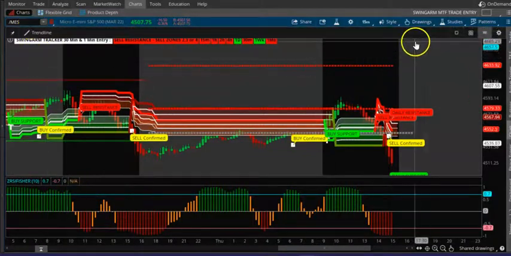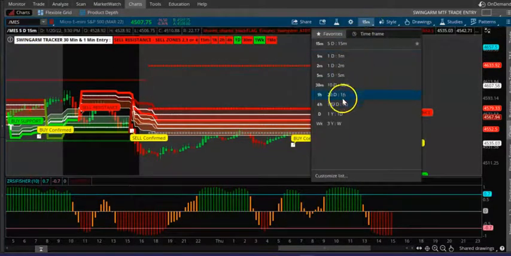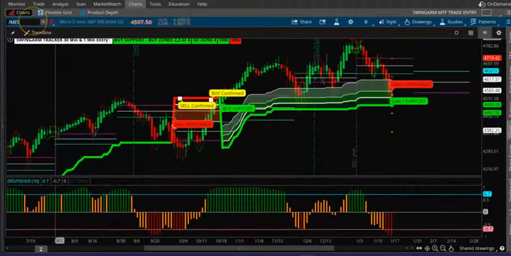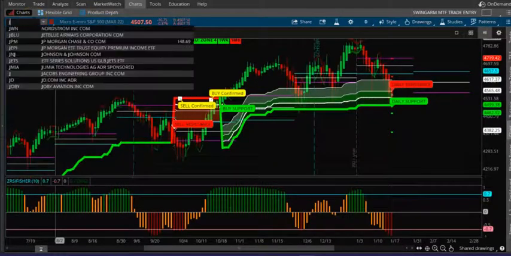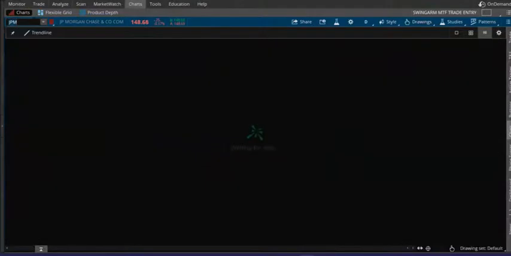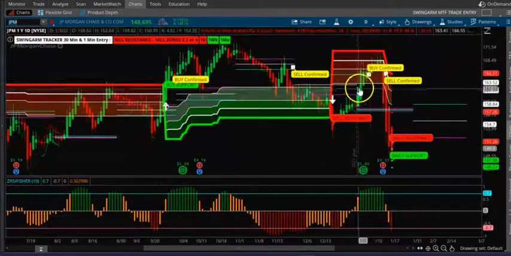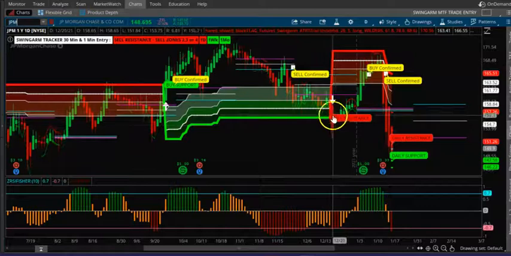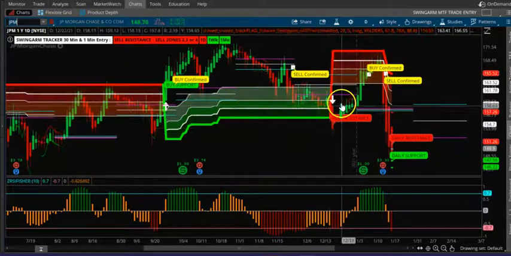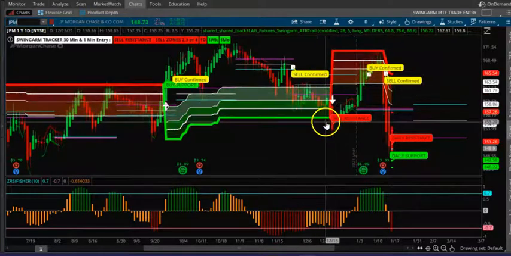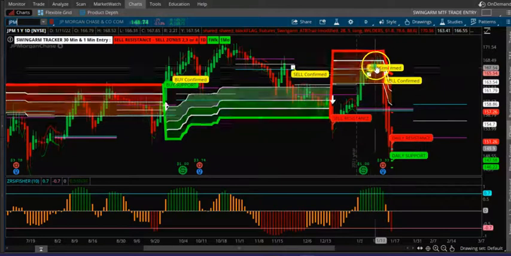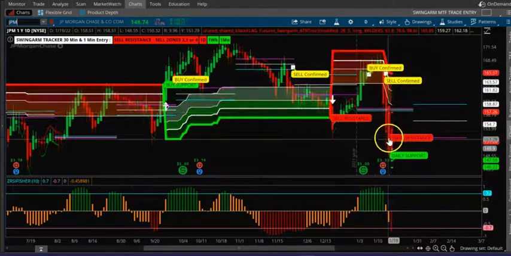Let's look at the 1 day chart on JPM, or any stock you want. If you see here, it started selling here, it gives a sell signal here. It goes into the bucket and then drops back.